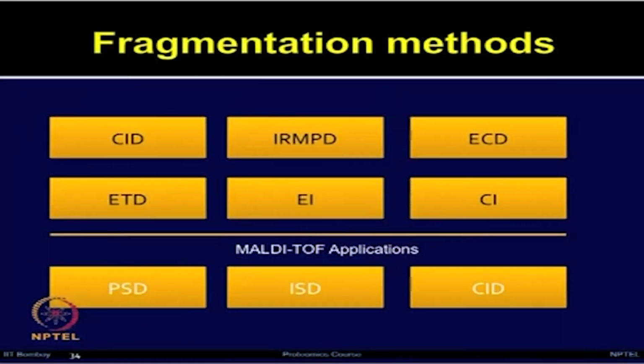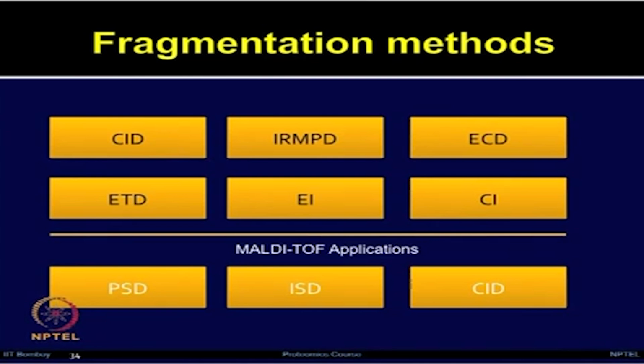The various types of fragmentation methods currently available are listed on this slide: CID, collision induced dissociation, IRMPD, infrared multi-photon dissociation, ECD, electron capture dissociation, ETD, electron transfer dissociation, EI, electron impact, which is used for small molecules, and CI, chemical ionization, again used for small molecules.